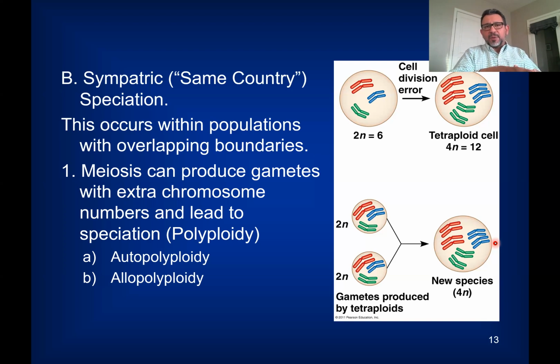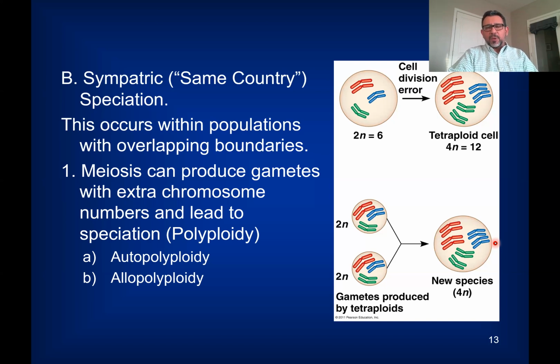If those hybrids eventually gain the ability to reproduce through additional changes in their genotype, then they can end up producing polyploid offspring, which are not going to be able to mate with the original species, and they are going to become a new species.